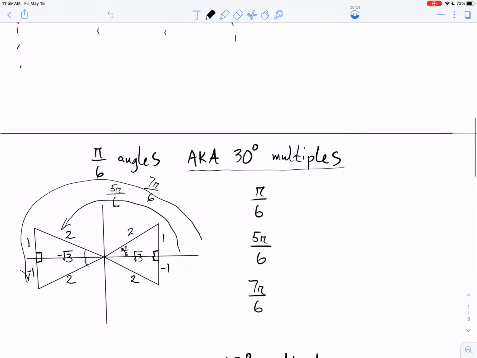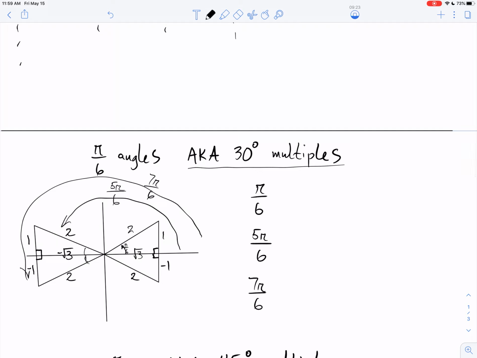And then what's the next one? I didn't give myself enough room, 11 pi 6th. That would be in quadrant 4. So I can sketch these angles every single time I have to answer a question about them, or I can think of it as the bow tie.